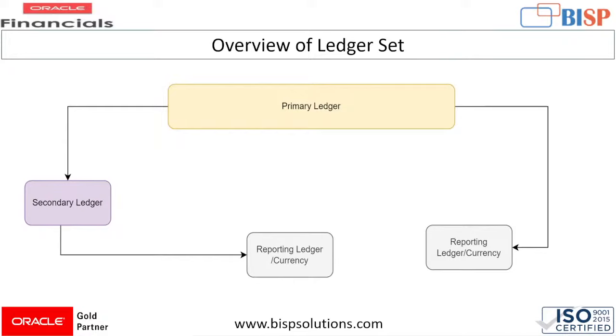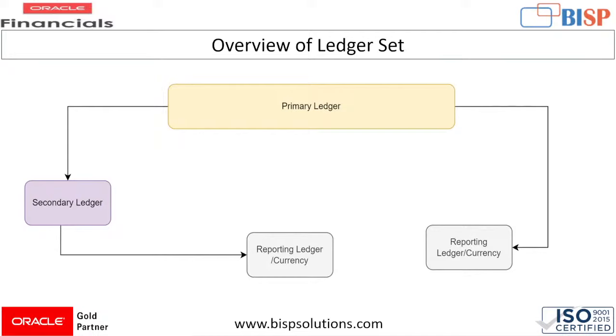A secondary ledger is an optional ledger linked to a primary ledger for the purpose of tracking alternative accounting, and can be different from the primary ledger by using a different accounting method, chart of accounts, accounting calendar, currency and so on. So these are the certain situations when you require a secondary ledger.